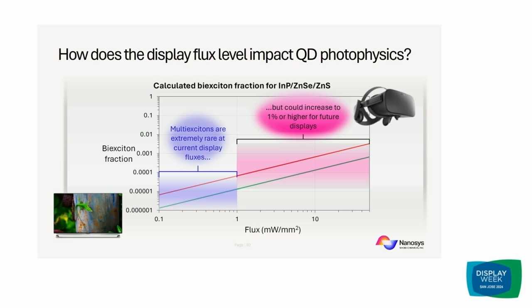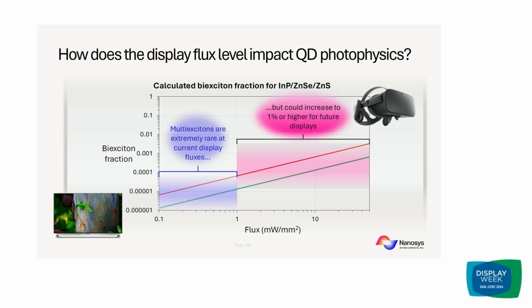If you look to the future and talk about these incredibly bright displays, the flux levels would be orders of magnitude higher, as high as 1 to 50 milliwatts per square millimeter. Suddenly, at these flux levels, there are new considerations for what happens to the quantum dot, and one of those is that multi-exciton states can form.